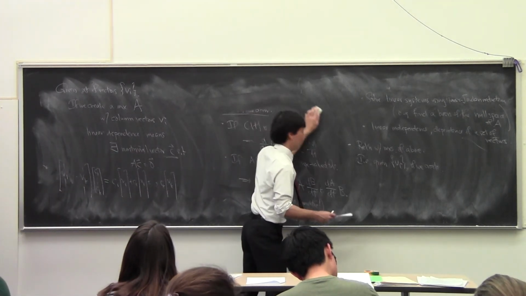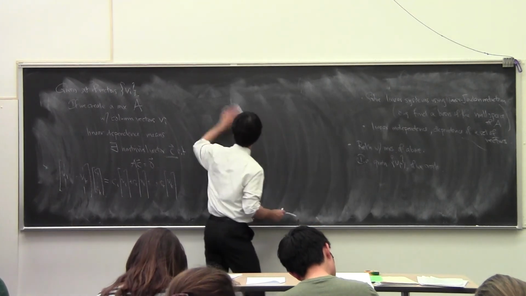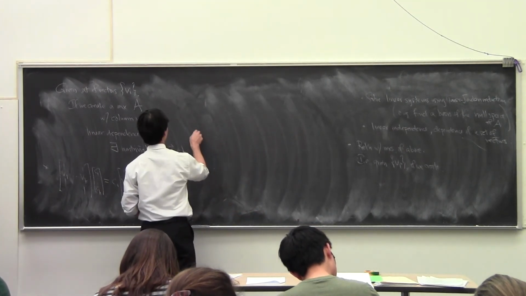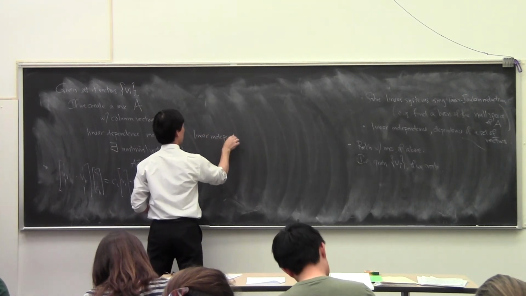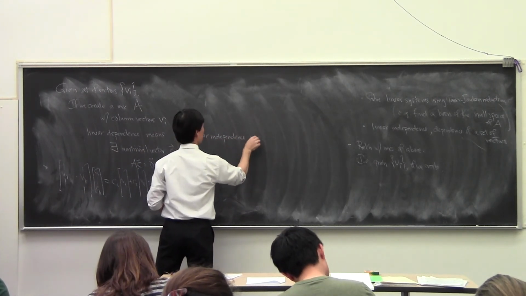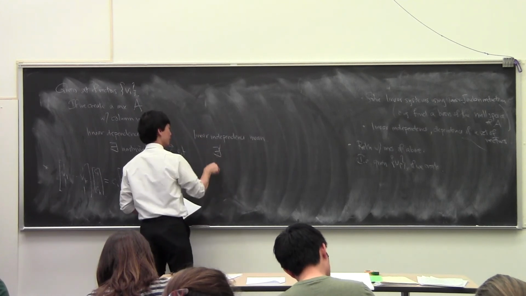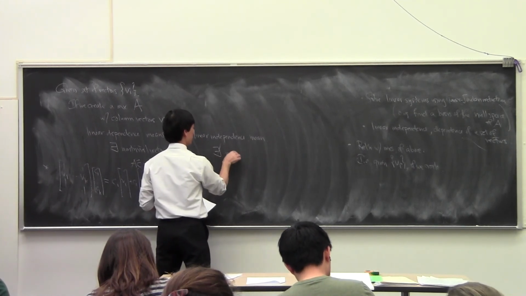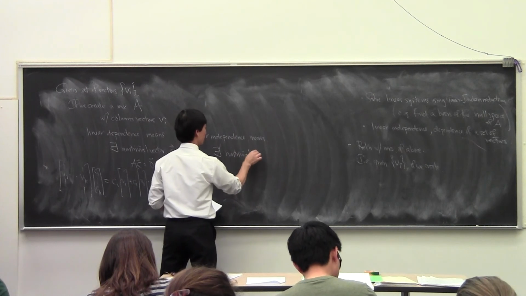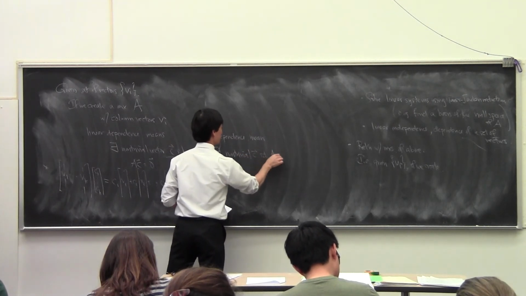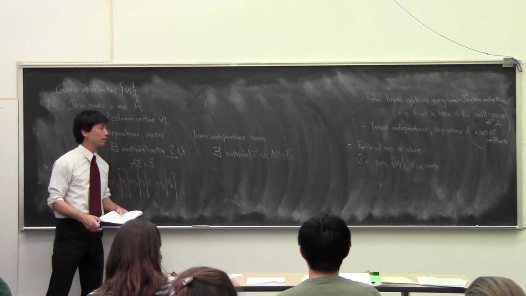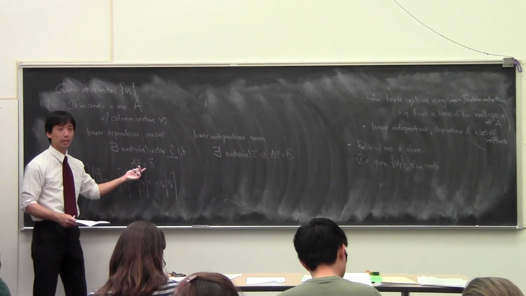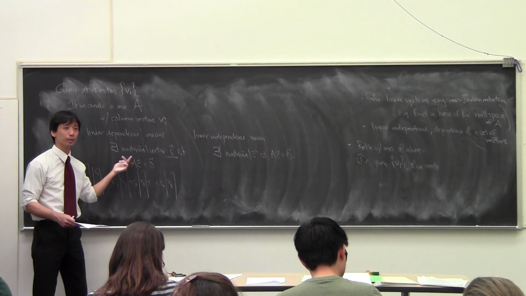Right, and along the same lines, linear independence means there is no non-trivial C such that AC equals 0. Right? There's no way to get the zero vector except by taking C as the zero vector to begin with.